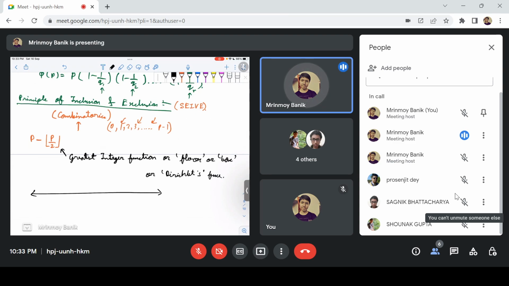Basically, if you have a number on the real line and these are the integers, 0, minus 1, minus 2, 1, 2, 3, 4, 5. Suppose you have some number between 2 and 3, then the floor of that number is exactly the integer on the left. So the floor of 2.14 is 2.